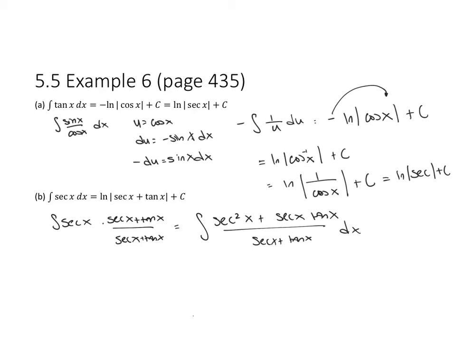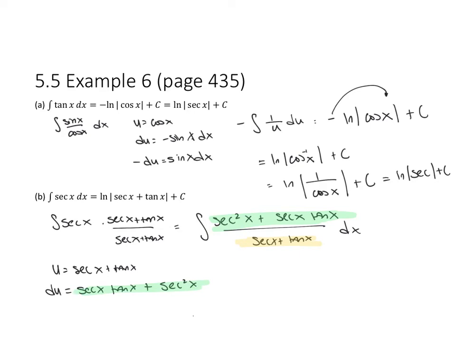And now we're going to let u be secant x plus tan x. So then my du is the derivative of secant, which is secant x times tan x, and then plus the derivative of tan, which is secant squared. So hopefully you now see that the derivative of the denominator is actually the entire numerator.